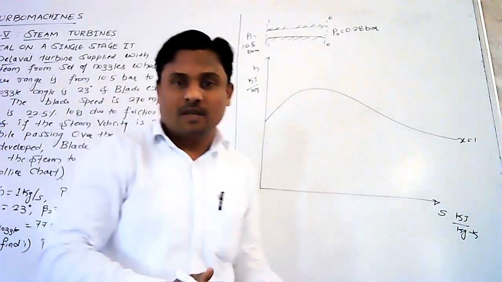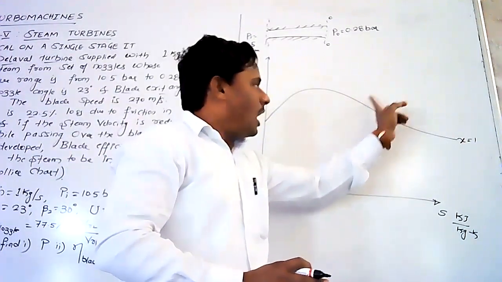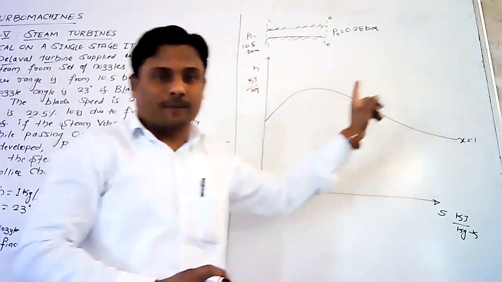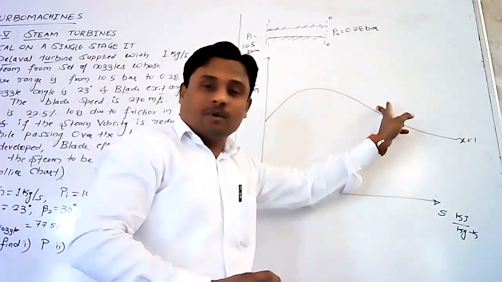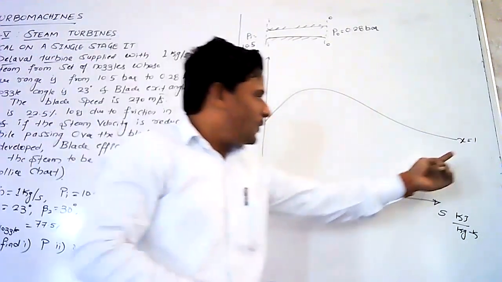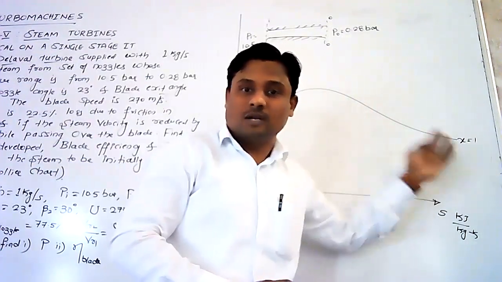The condition of steam above this curve is the superheated state. The condition of steam below this curve is the wet condition, where the dryness fraction X is always less than 1.